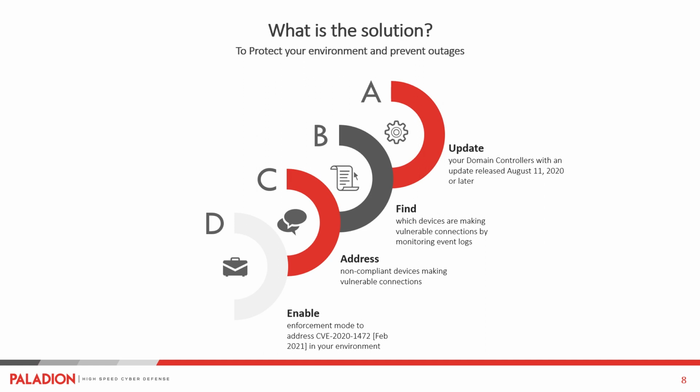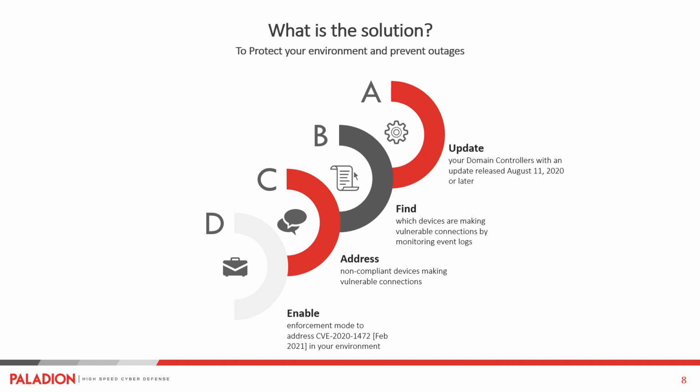Microsoft has released patches in a phased manner. Phase 1 was released on August 11, 2020, which ensures that the connections between the domain controllers are secure RPC. Now there would be many assets where this patch would not have been rolled out, or assets in the environment which are non-Windows domain controllers, for which the OEM is yet to provide a patch.